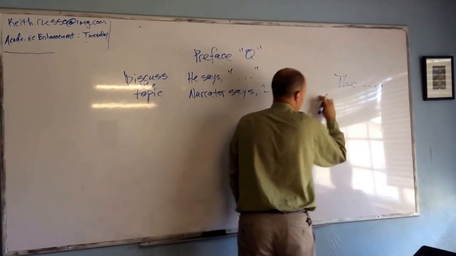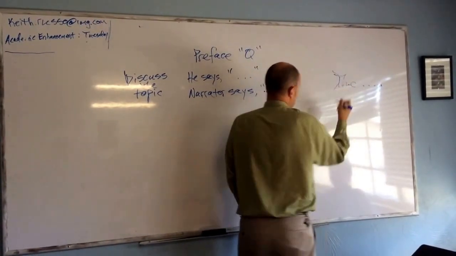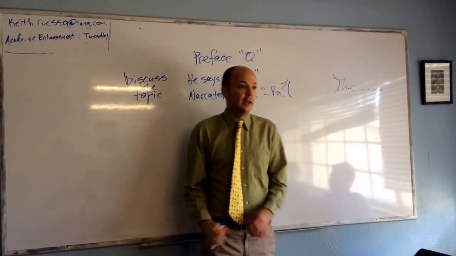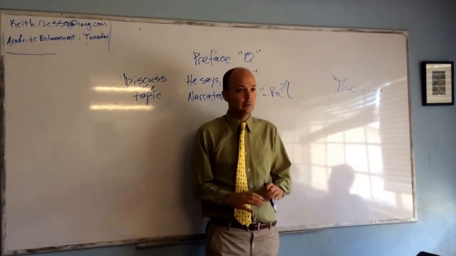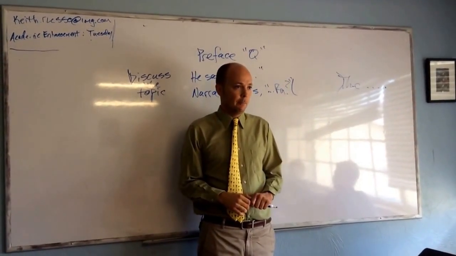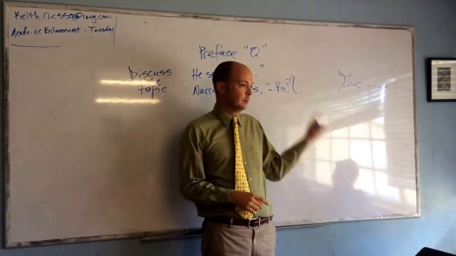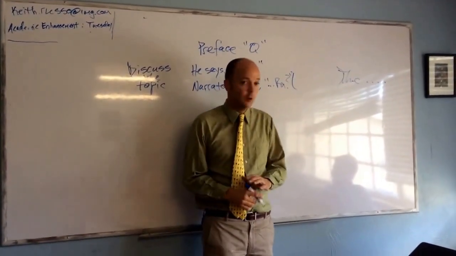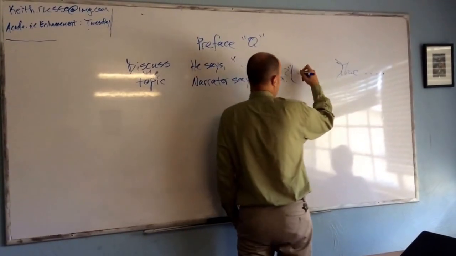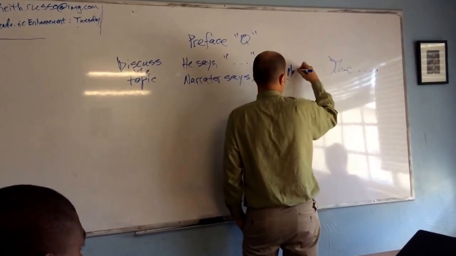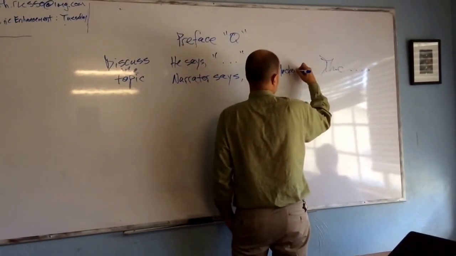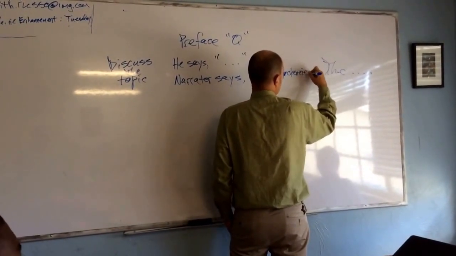Now, let's talk about what goes inside those parentheses. If we are dealing with multiple sources, what must we include here? Would it be the author? Author first. So let's take Mackenzie for an example. What is the next thing?